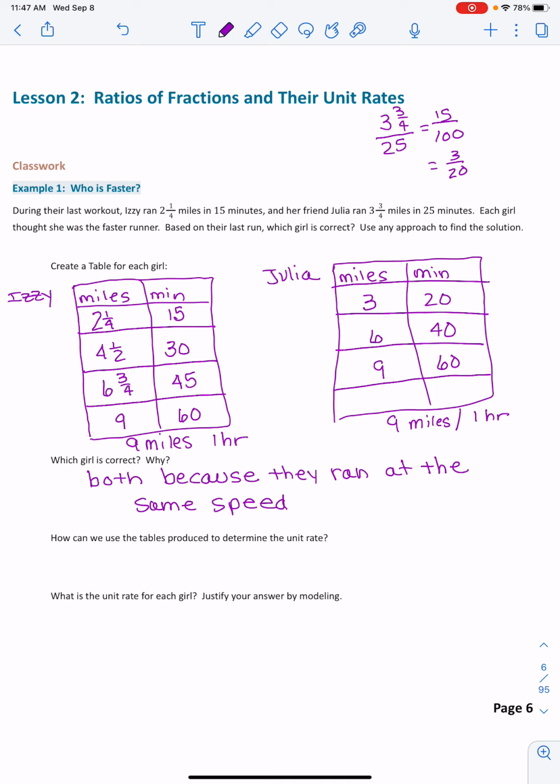So now it says, how can we use the tables produced to determine the unit rate? We did that by dividing the miles by the minutes.